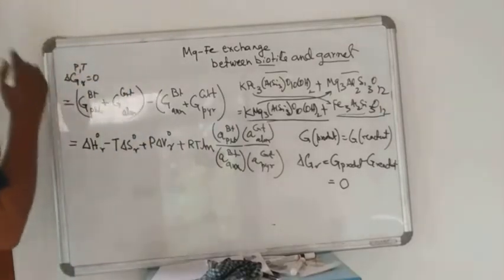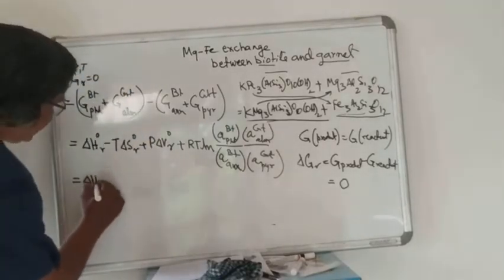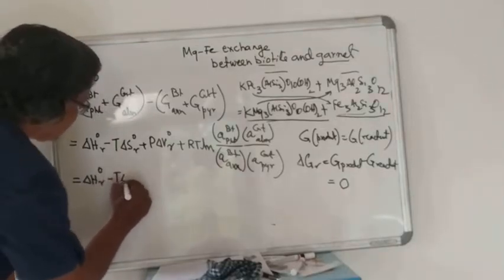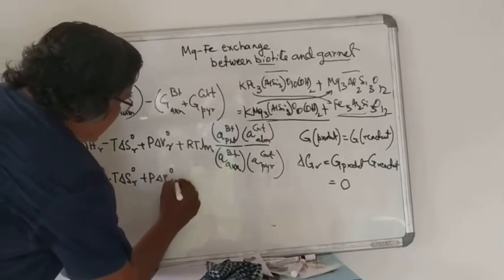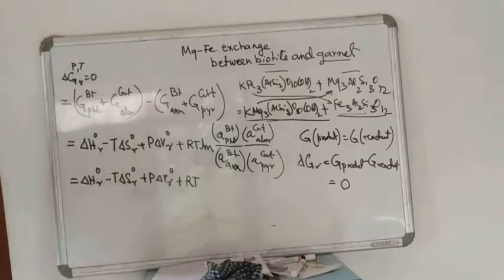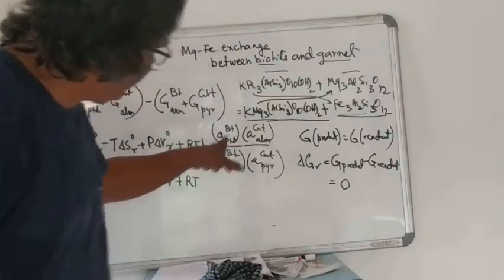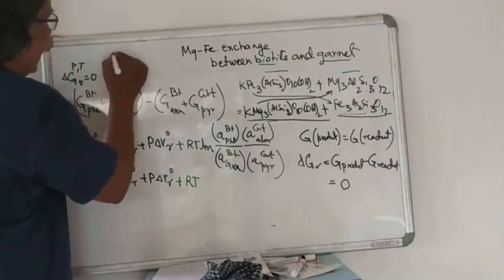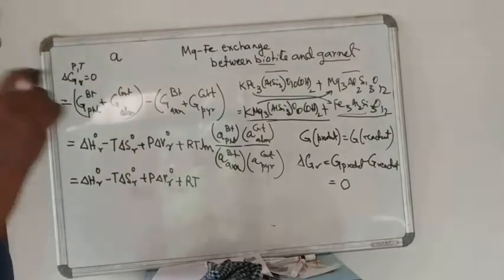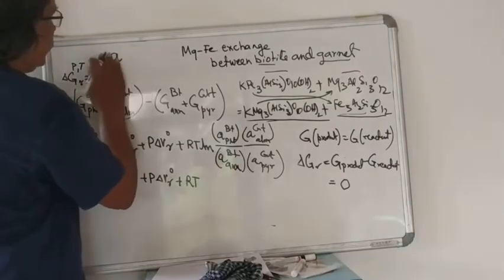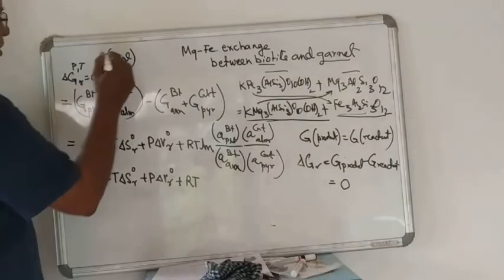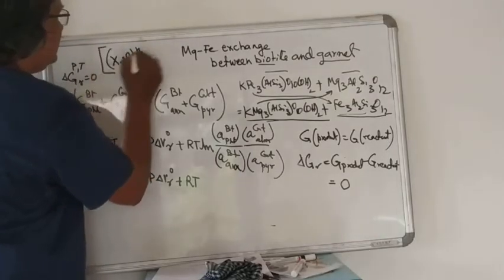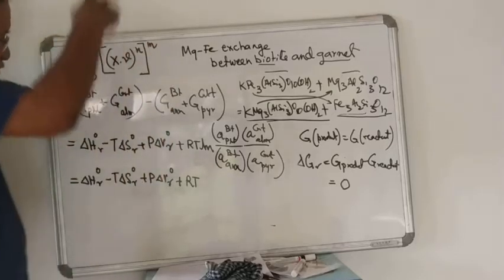Now, having done this, we write this: delta HR0 minus T delta SR0 plus P into delta VR0 plus RT ln, and now you see the mixing. Normally the activity of a site is given as X into gamma, to the power n.